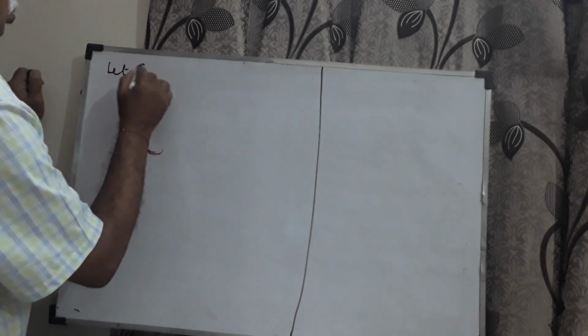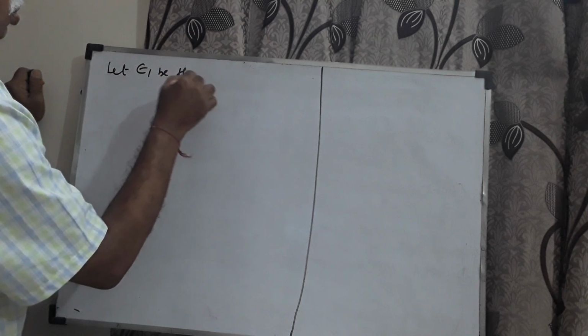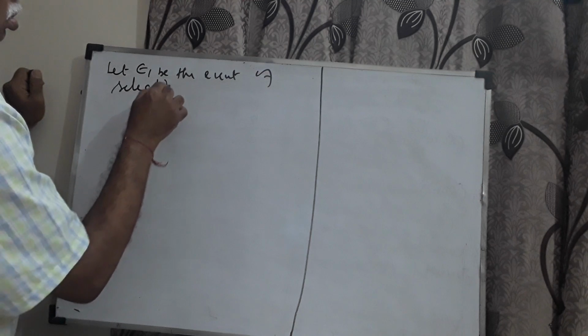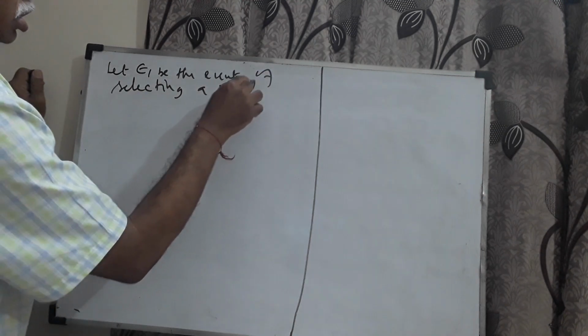Okay, let me just see how we go about the answer here. Let E1 be the event of selecting a two-headed coin.